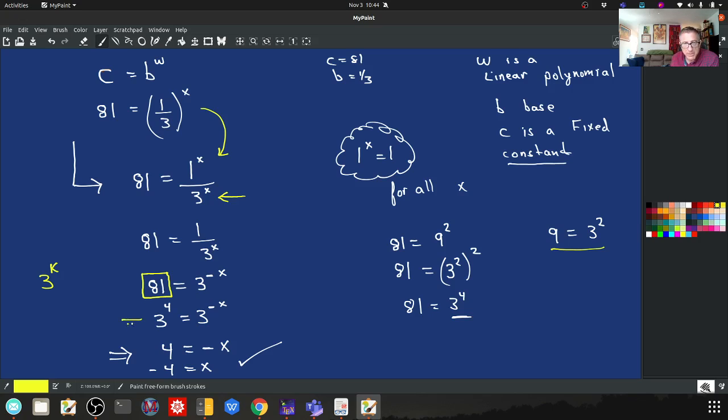Then I just replace, and I use the fact, since these are one-to-one functions, that if f of b is equal to f of c, then c is equal to b. So we have 3 to the 4 is equal to 3 to the minus x. That implies 4 is equal to minus x, which means minus 4 is equal to x.